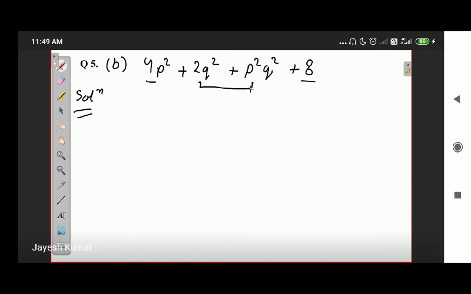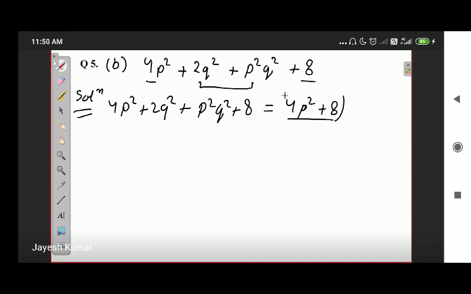I am going to rewrite this expression as 4p square plus 8, first and the last term together, and 2q square plus p square q square, both the middle terms together.